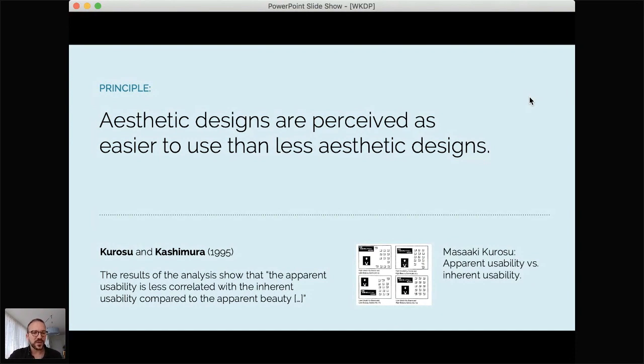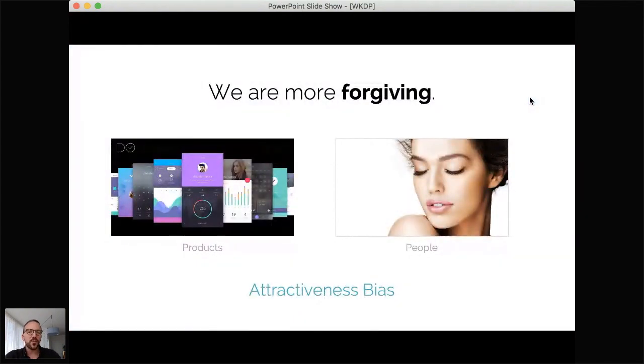Aesthetics actually plays a huge role in increasing the usability of a product. And it's all about perception. It doesn't even matter if it's actually more functional, but the perception you get is that it's more usable because it's beautiful, right?